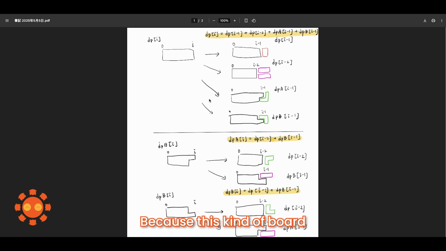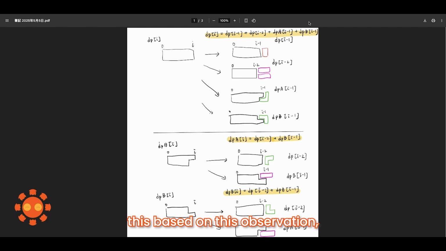Because this kind of board doesn't match the original board, we use another list called dpa to save it. We define this kind of board as dpa, and the way we can tile this is dpa at the index of i minus 1.